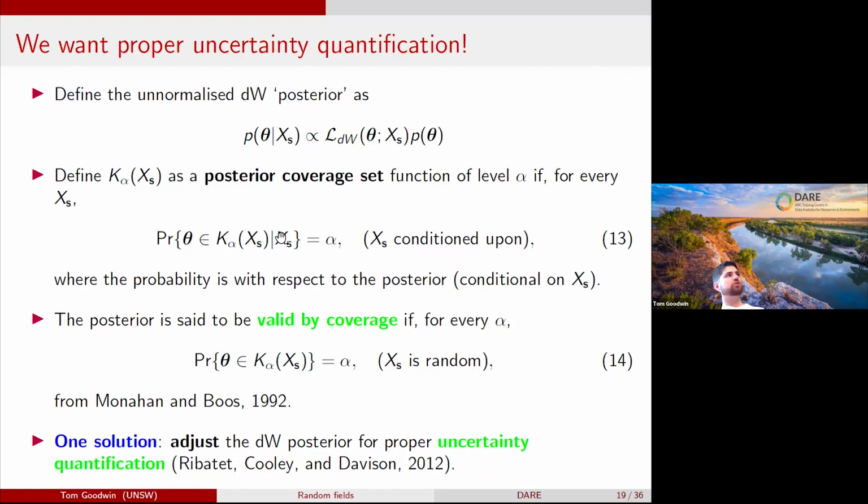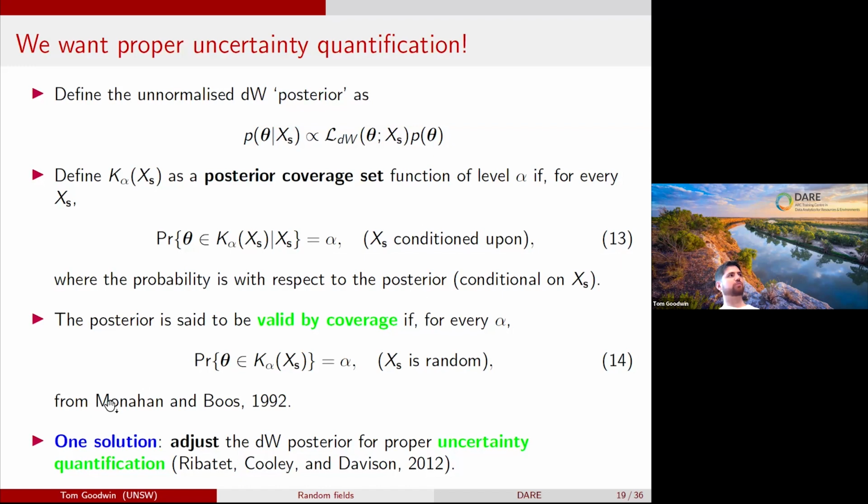Conditional on the data, the posterior coverage set is whether the parameters of the posterior are within this interval. So think about a Bayesian credible interval, which is equal to the nominal coverage you assume. So this is with respect to the posterior.